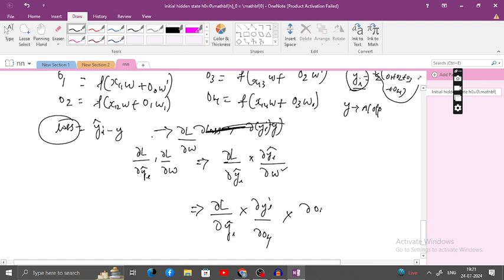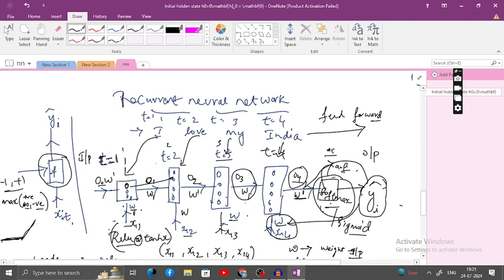And O4 is the output coming from layer number 4. What is the input to this? It is dependent on W. If W is coming, then only the output will come. You multiply some x4 into W, it goes to hidden layer number 4, and the output coming out you call O4. So this is dependent on W.